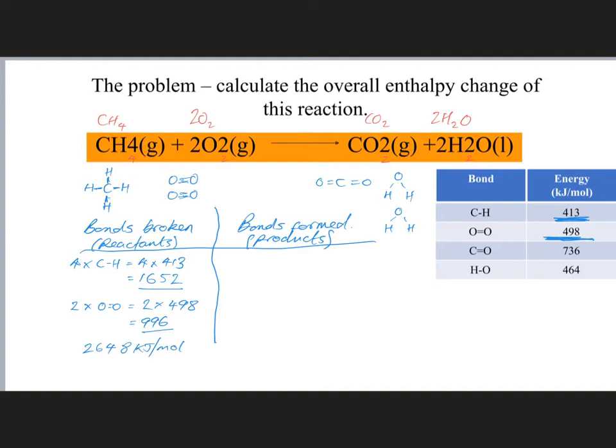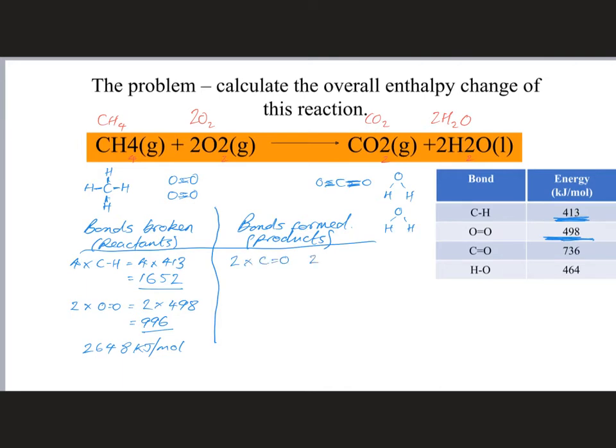Good so far. Now we need to calculate how much energy is released when we make the new bonds of the products. So again, we're counting the numbers of each type of bond. So let's start off with the bonds between the carbon and the oxygen. So we've got these bonds here. So that's 1, 2, so 2 times carbon-oxygen double bonds.